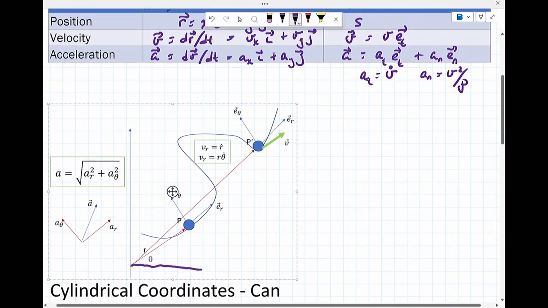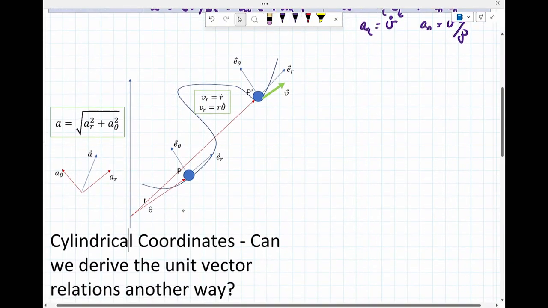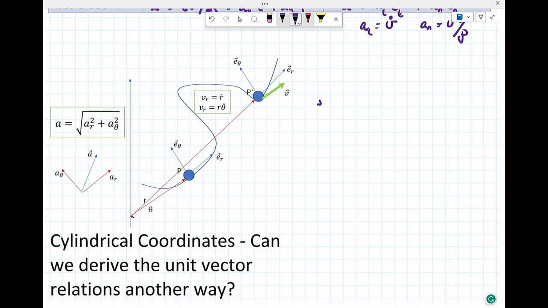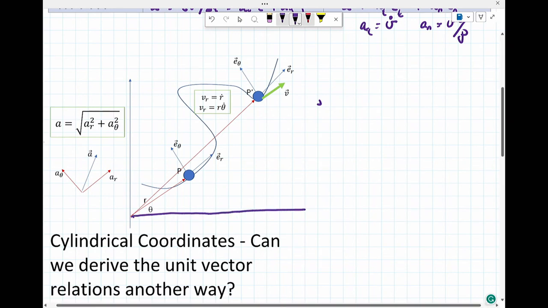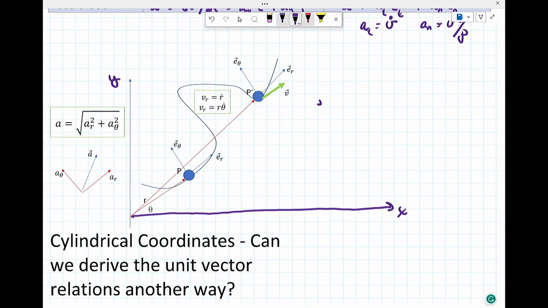So in my figure, there we go. I can define an xy, so I can put a coordinate system down.